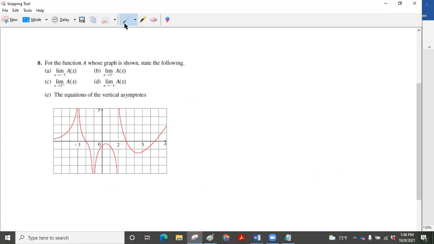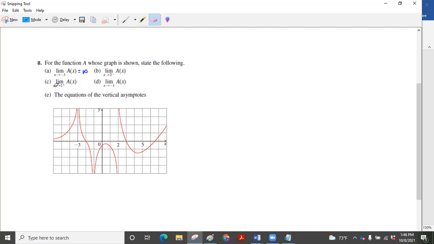And since the subscripts aren't mentioned, we have to essentially come from the left and from the right. So as we're coming from the left, and as we come from the right, we see that the corresponding y values are essentially approaching positive infinity from both the left and from the right. So we're going to say that the overall limit, the general limit, is positive infinity.